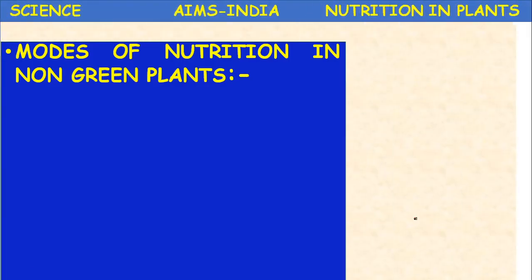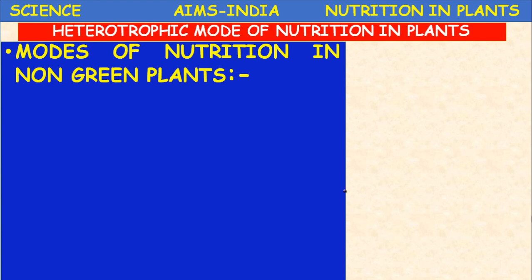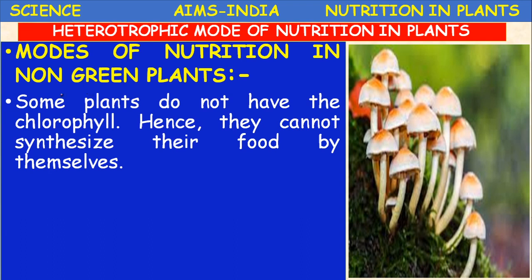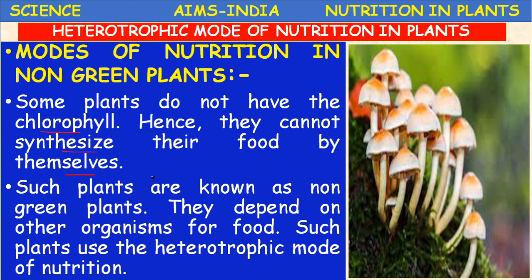Let us go for the next mode of nutrition, heterotrophic mode of nutrition. Till now we have studied autotrophic nutrition. Now heterotrophic mode of nutrition in plants. The mode of nutrition in non-green plants is mainly heterotrophic. Some plants do not have chlorophyll, hence they cannot synthesize their food by themselves, so they have to depend on other organisms for their food requirement.